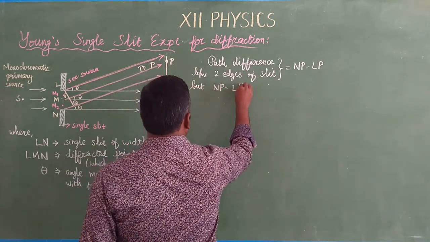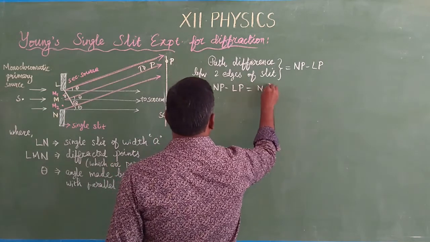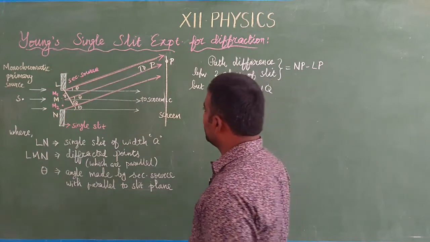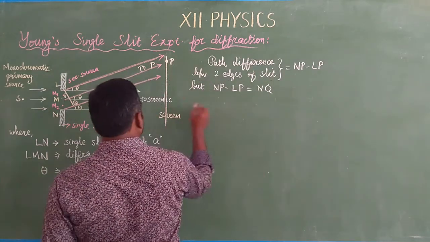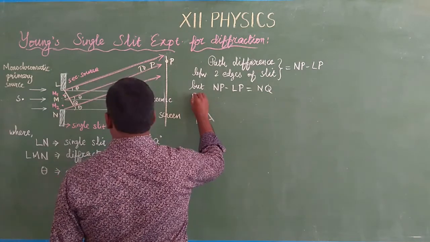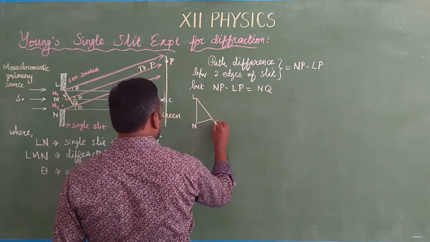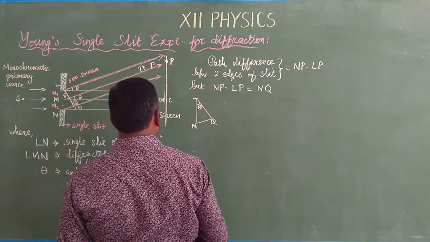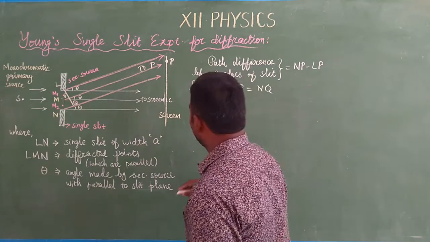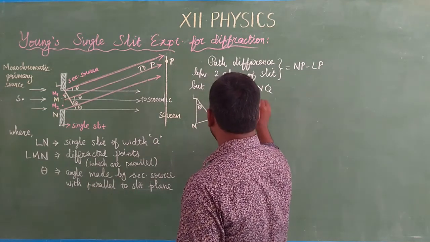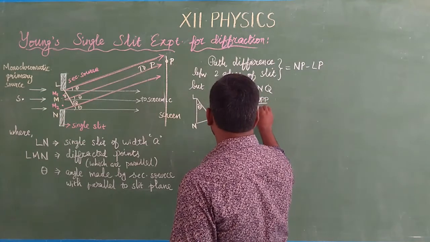NP minus LP is equal to NQ. From the figure, this is L, this is N, and this is Q, and the angle is theta. So sin theta we can easily find. Sin theta is equal to opposite by hypotenuse.